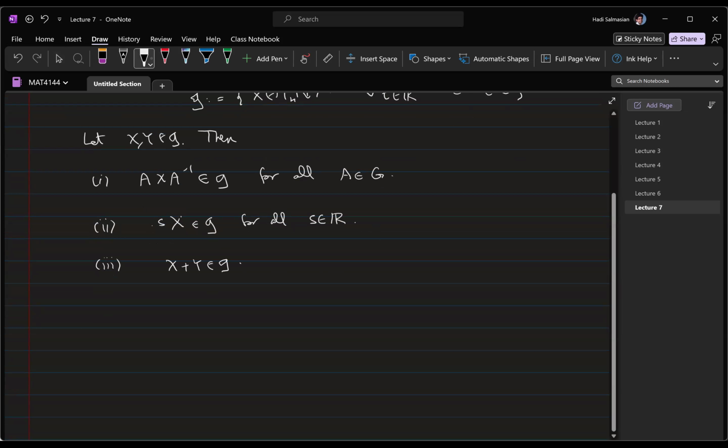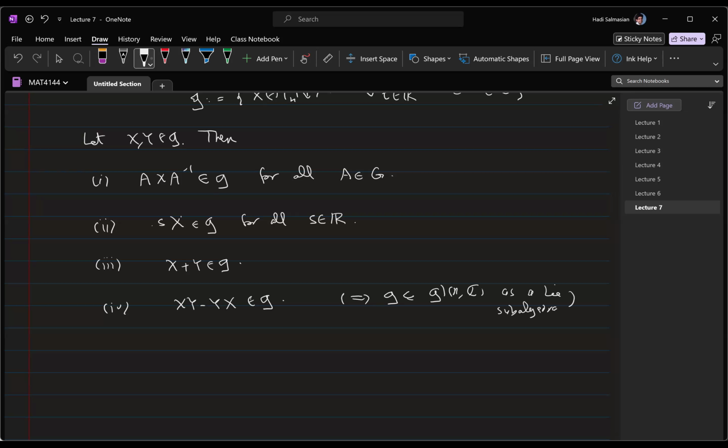So 2 and 3 imply that we have a subspace. And the fourth is that the usual matrix commutator of X and Y will also belong to g. So this guarantees that g is a Lie subalgebra of gl(N,C), closed under the bracket, which is the matrix XY minus YX.